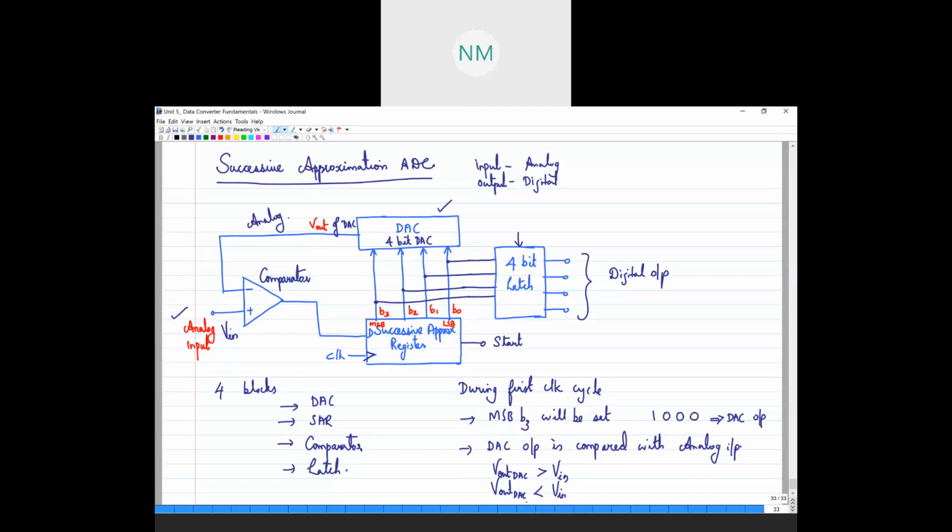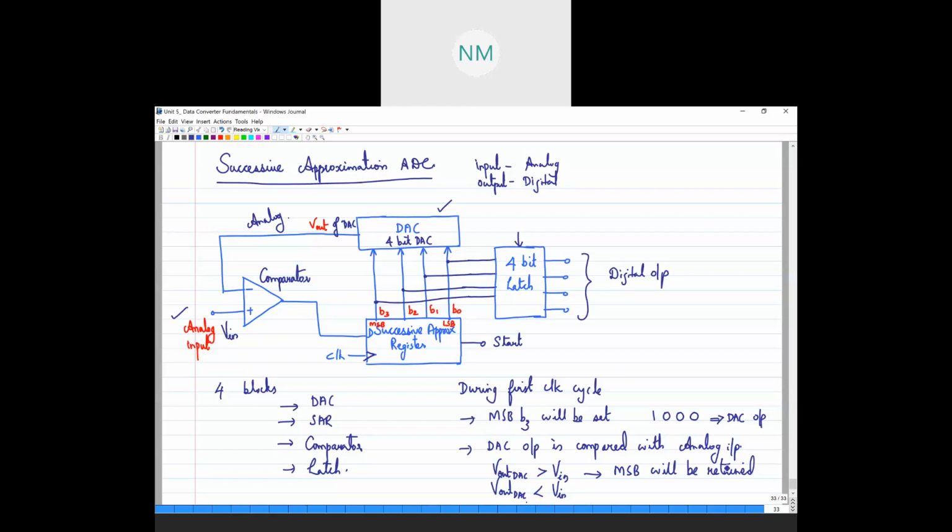So now say your Vout DAC is greater than Vin. Now this greater or less depends on what comparator we use, but still if the comparator output is high, what happens is this MSB bit, we have started with setting this MSB bit, so the MSB bit will be retained. We will retain the MSB bit.